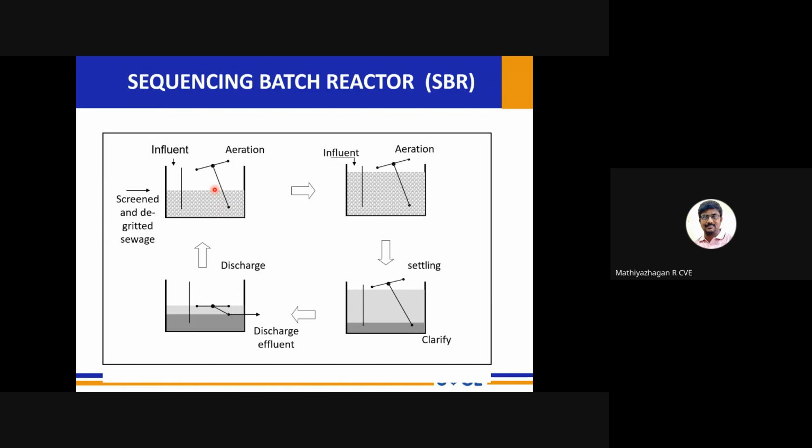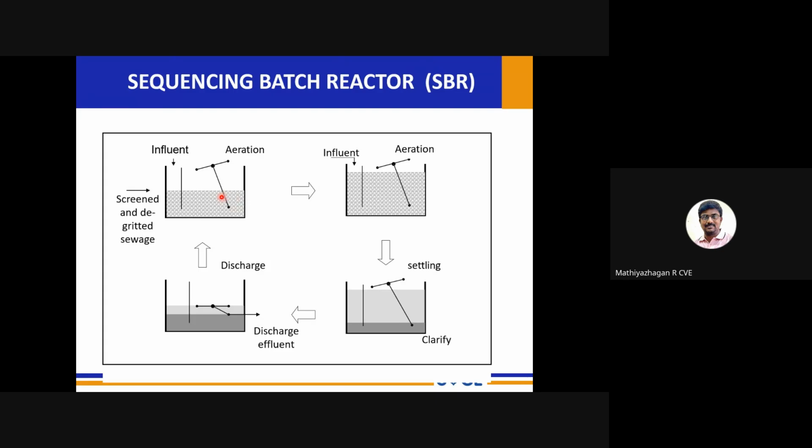Once we fill the sewage from the preliminary treatment, we can do the aeration like the activated sludge process, so we are introducing air also.